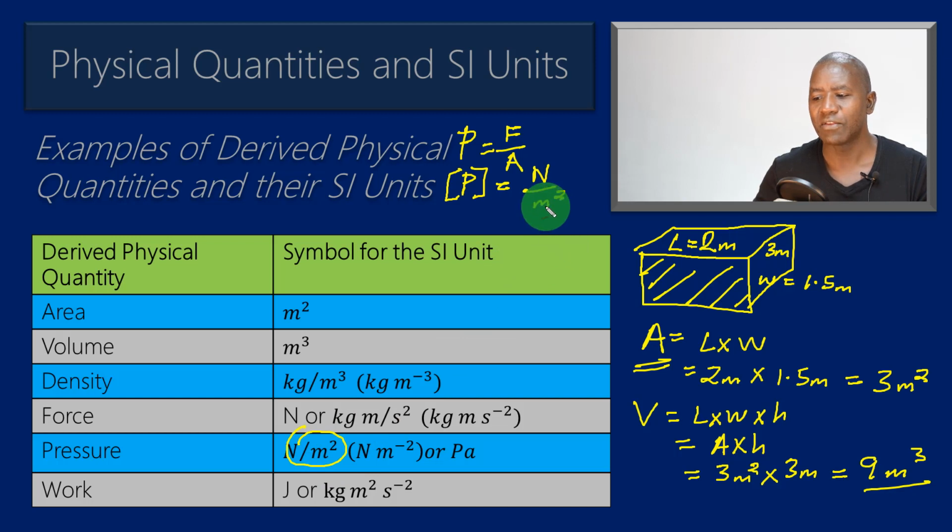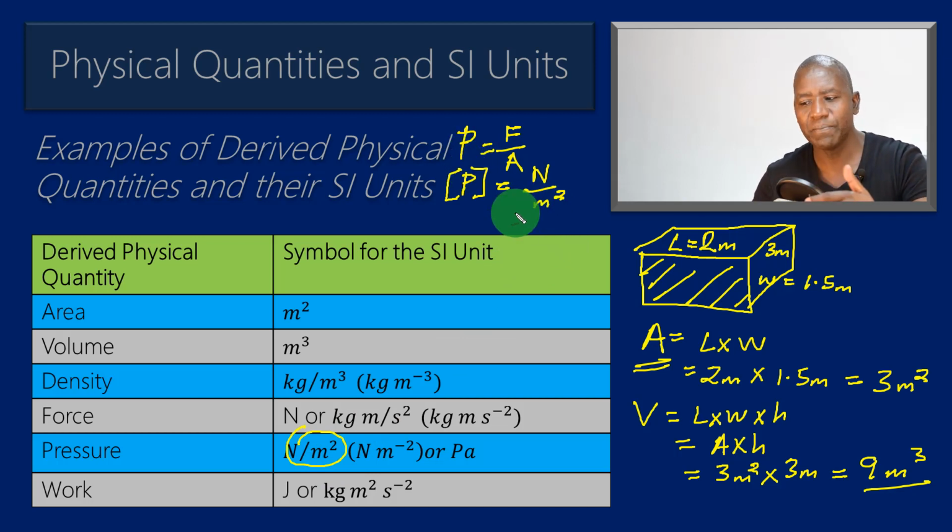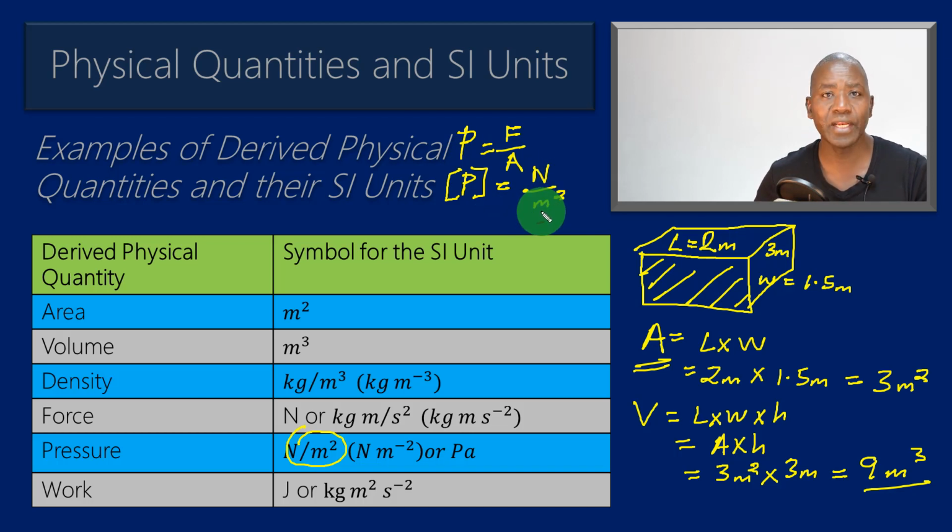And you can see that since pressure is a derived physical quantity, the newton per meter squared is also a derived unit. As we go along, I'll be able to explain how this unit can also be written as the pascal, or the newton is written as kilograms meter per second squared elsewhere within this particular course. So don't worry when you see this.